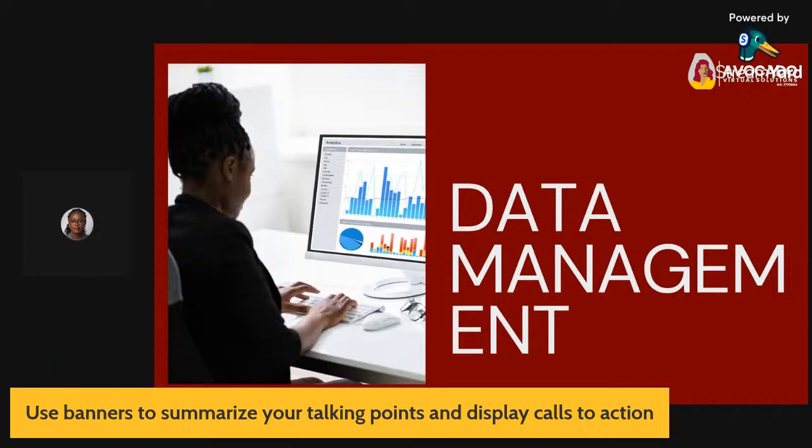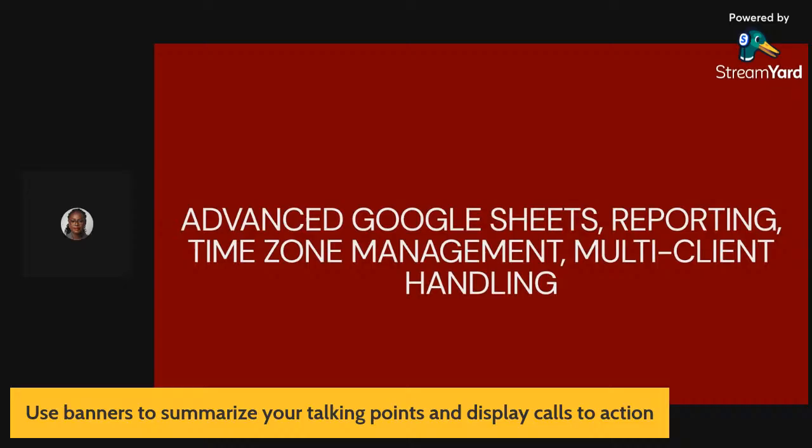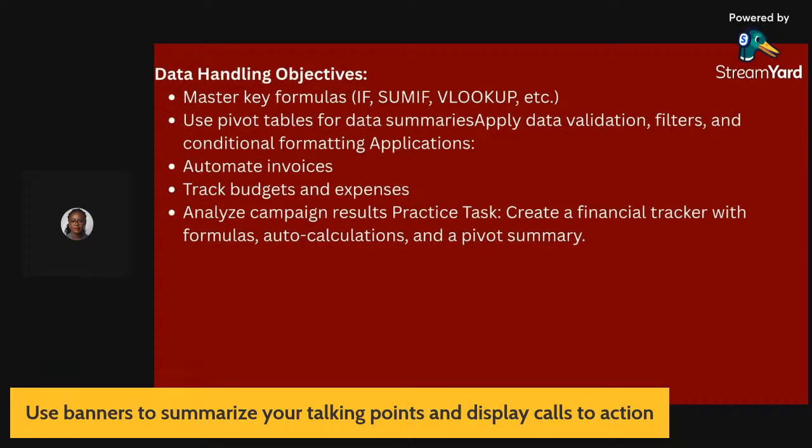we're going to talk firstly about advanced Google Sheets for reporting and how to use Google for both data reporting and data handling, right? One thing that we talk about a lot is that Google Sheets is more than just rows and columns. It's one of the tools that you get in your Google Workspace.